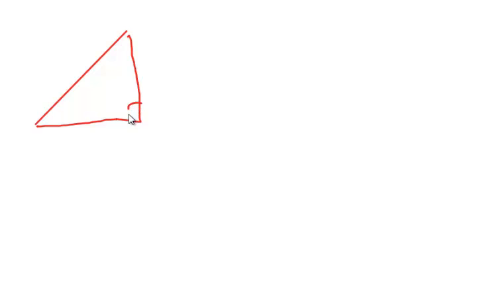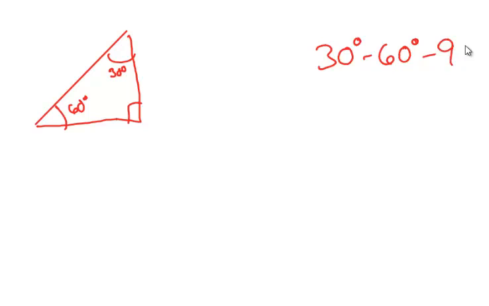If we're looking at it here, this is a 60 degree angle, so that makes this one a 30 degree angle. So we're talking about a 30, 60, 90 degree triangle.